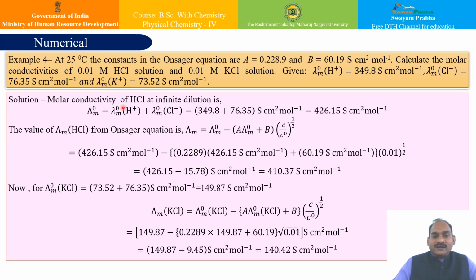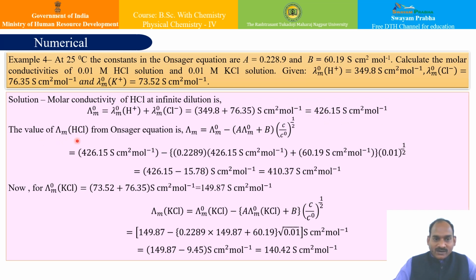The molar conductivity of HCl at infinite dilution is given by this formula, and if I sum the ionic conductances I get the molar conductance at infinite dilution for HCl, which is 426.15 Siemens centimeter square per mole.